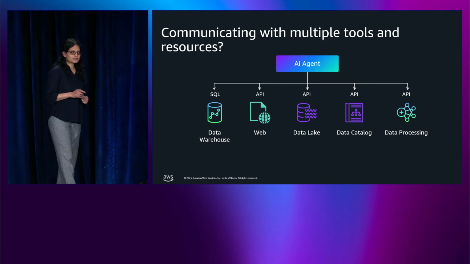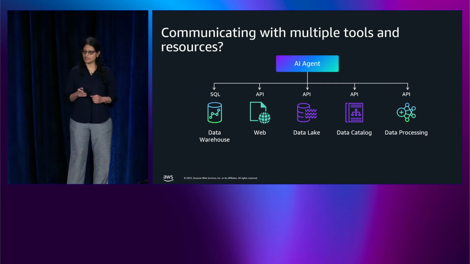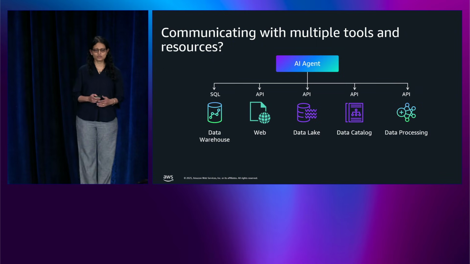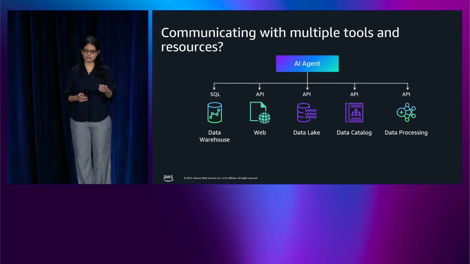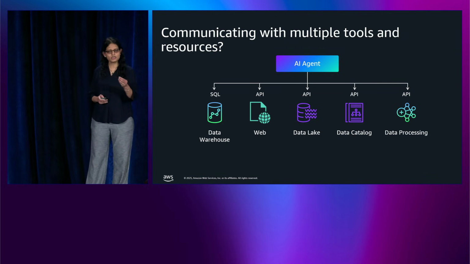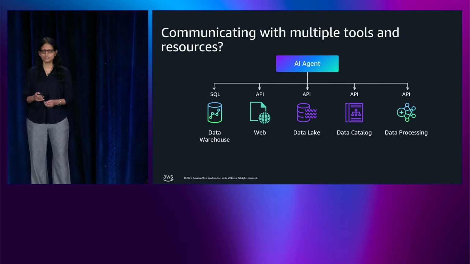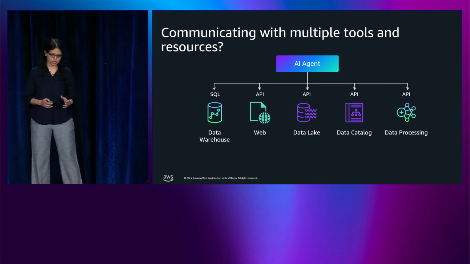So why is this a little bit challenging to integrate the data sources and the tools with an AI agent? Let's consider this use case. You have an AI agent. When you need to talk to a data warehouse, it uses SQL. When it needs to talk to, say, a Glue catalog, or it needs to do data processing, it's going to use an API. What if there are specification changes?